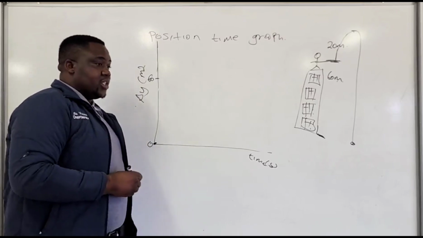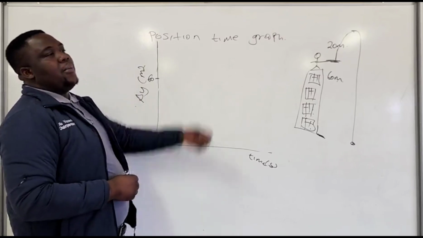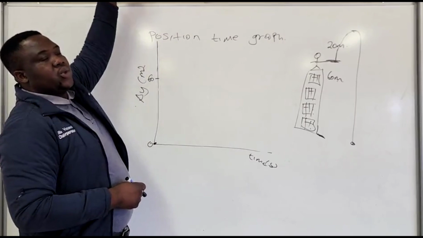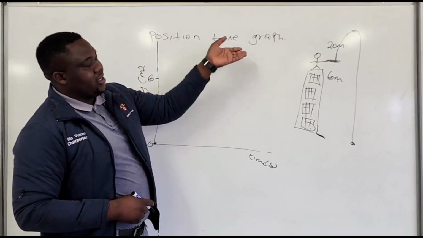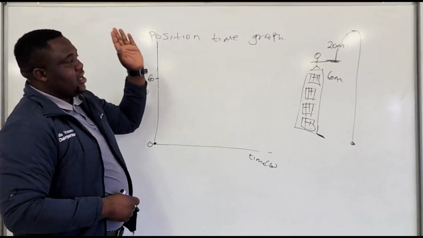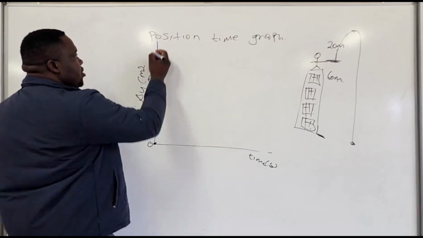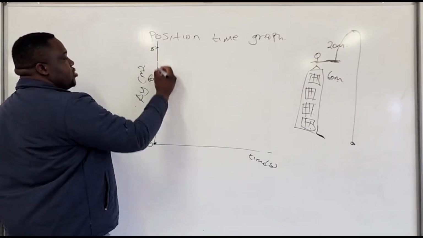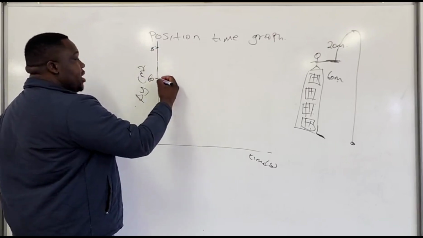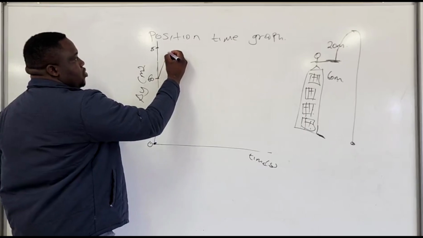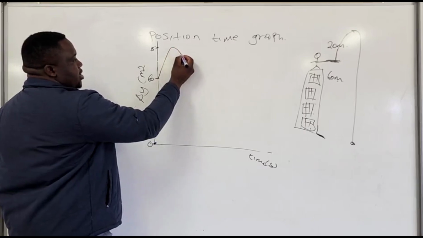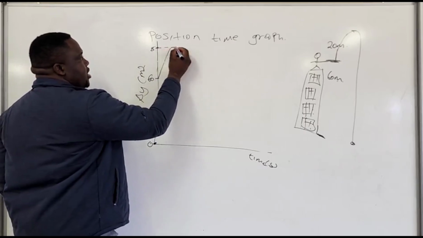Then the object was projected up, and it went up by 20 meters. So it's going to be 20 plus 60, which gives us 80. So at this point it will be 80. If we want to represent that on a position time graph, we show an object which is going up and ends at 80.